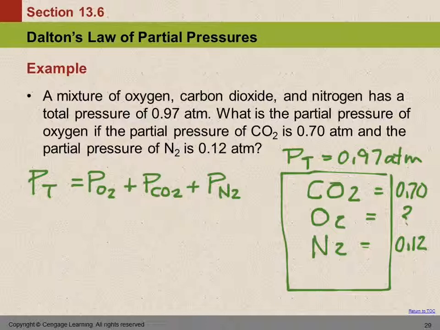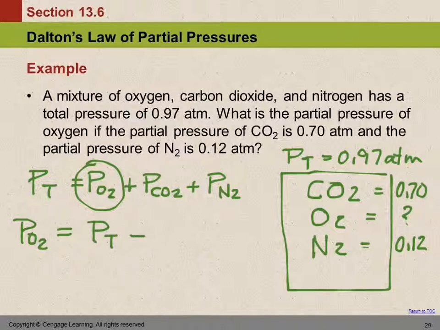So we're looking for this guy right here. So we must have this then. It must be the total pressure minus the ones that we know, right? Minus the CO2 and minus the nitrogen.